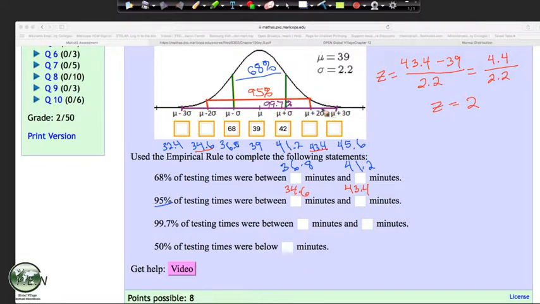So we go another standard deviation. The way to think of it is, we only added a little bit more. We added 4.7% in this little part here. We picked up 95 plus a little bit more. The further we go out, the fewer data values we're going to find as far as the frequency. But again, in this case, it's just 32.4 to 45.6.